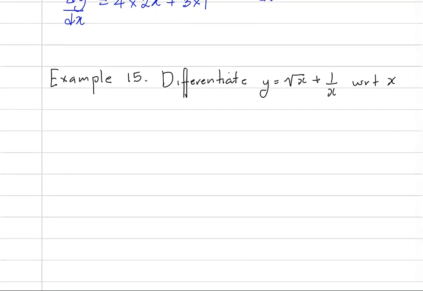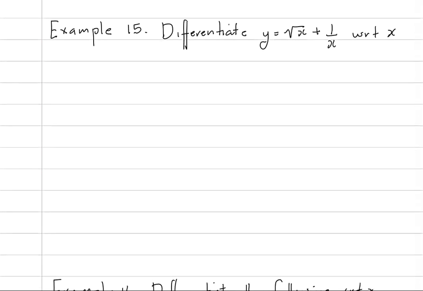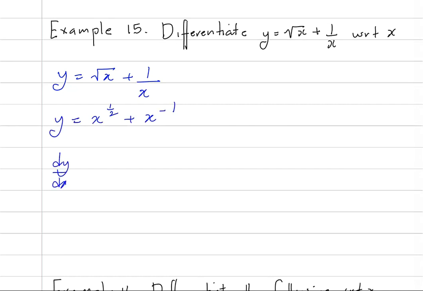Example 15. In example 15, y is equal to the root of x plus 1 over x. So this is the same as saying y is equal to x to the half power plus x to the minus 1. Now let's differentiate dy by dx. So the power comes to the front, so it's a half x, and the power of x decreases by 1.